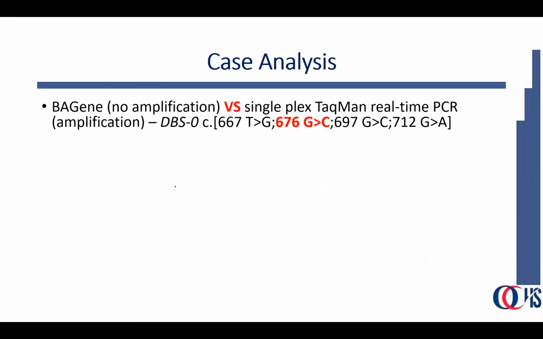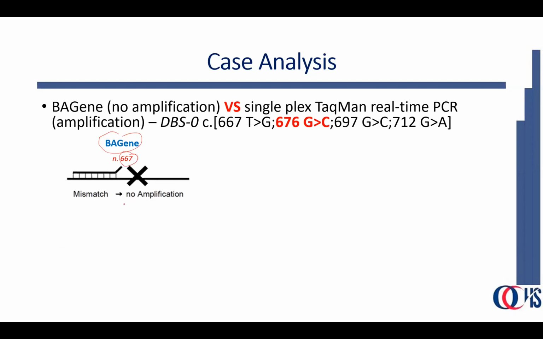Now, first of all, let's try to analyze our results and explain them. The typing kit had no amplification. With the singleplex TaqMan real-time PCR, there was amplification. And the reason for that is that the typing kit was using an allele-specific primer targeting nucleotide 667.